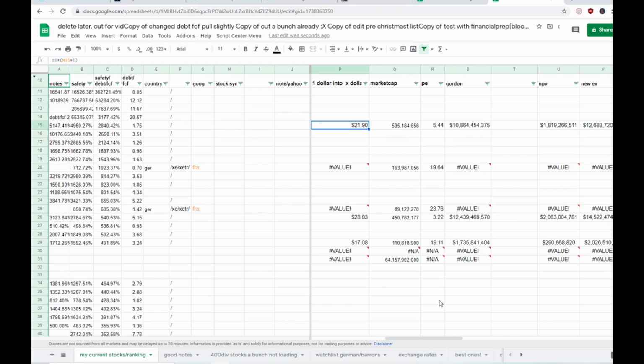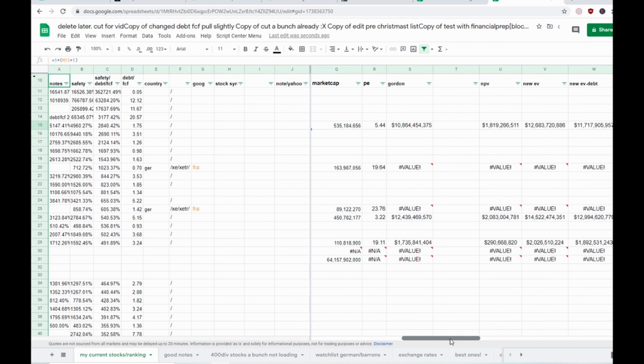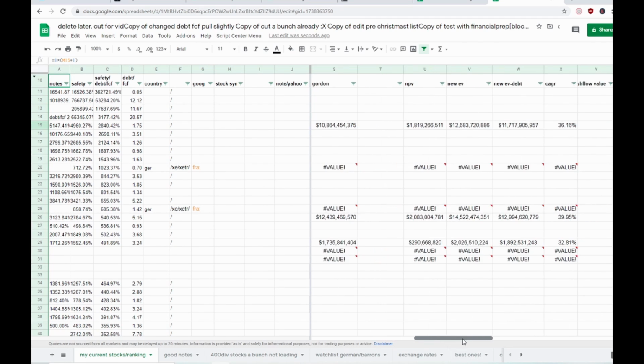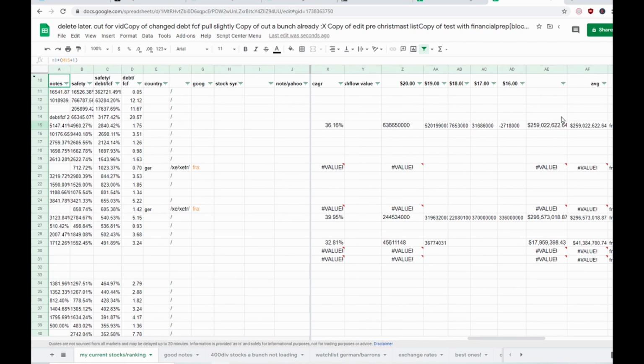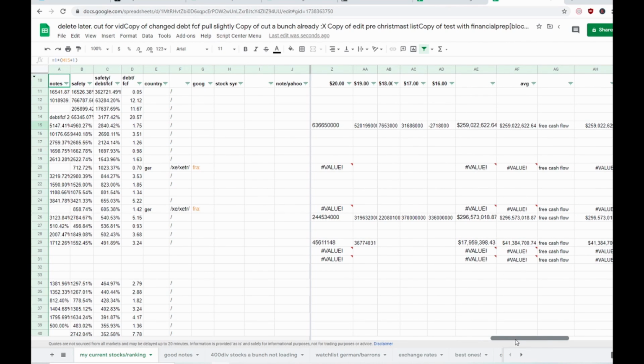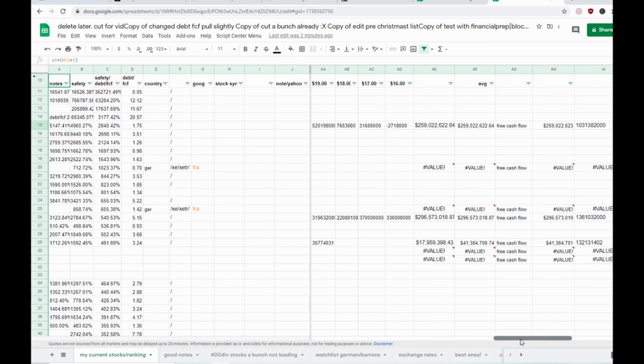And I use a Gordon growth model. Then I add the net present value, and then I have the new net present value. I subtract all of the debt the company has, and then I have the compounded annual growth rate that the stock has, and I import the free cash flow. Then I build an average. Then I multiply it times the static values that I had shown previously at the start of the video.